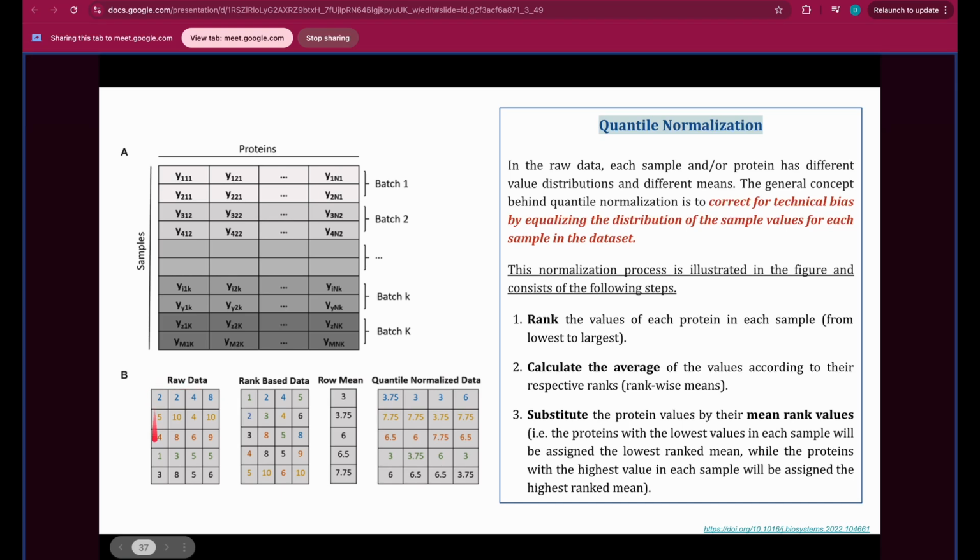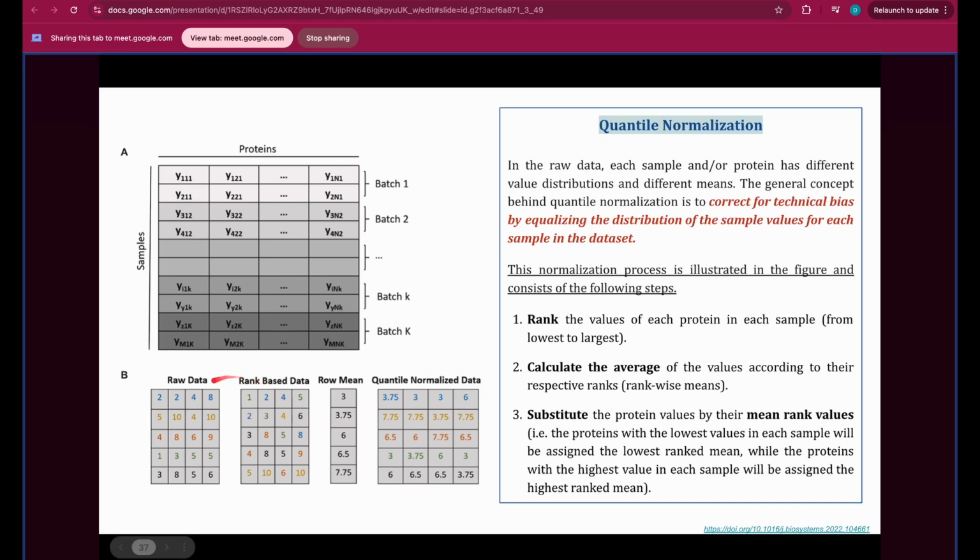Now we will look at the first column. The first column's first value is 2. What we will do is we will check this value in the rank-based data. So where this 2 lies in the first column, it lies in rank number 2. Now we will see what is the row mean of this rank. So its row mean is 3.75.